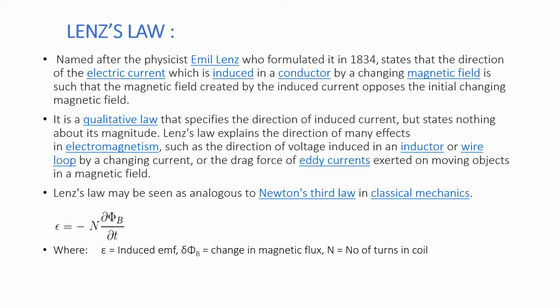Lenz's law states that the direction of electric current induced in a conductor is such that the magnetic field created by the induced current opposes the initial changing magnetic field. That is, the magnetic field created by the induced current will oppose the initial changing magnetic field.